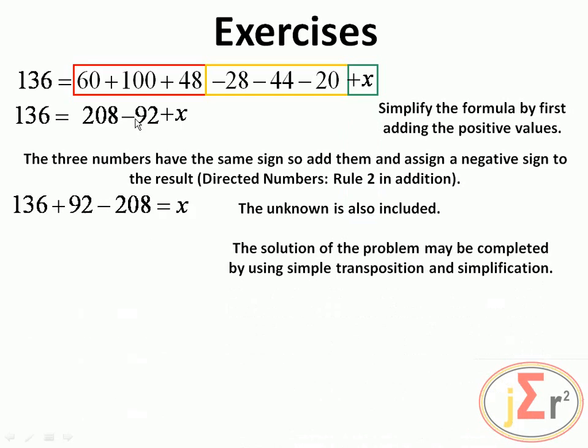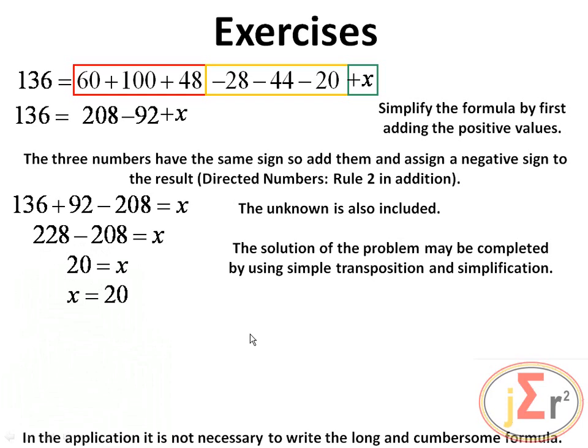So of course the 92 that we have subtracted here is transposed to a positive 92 on the other side, and this 208 that has no sign in front of it, we are sure that it is a positive 208, so by transposition on the left hand side, it becomes a negative 208. 228 minus 208 is equal to 20. x is equal to 20.